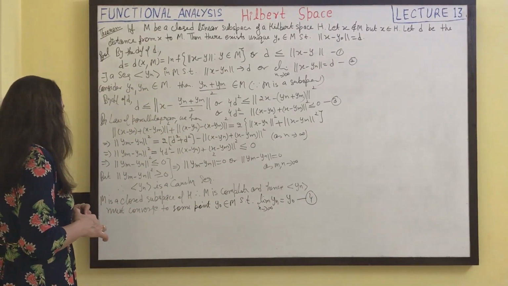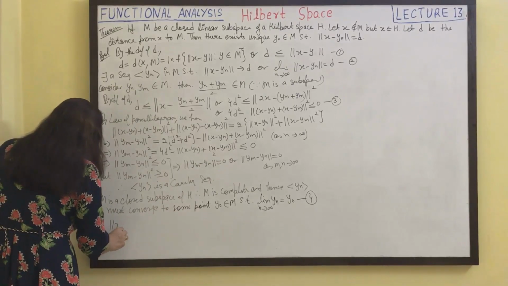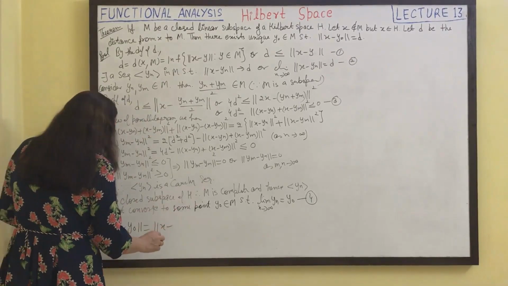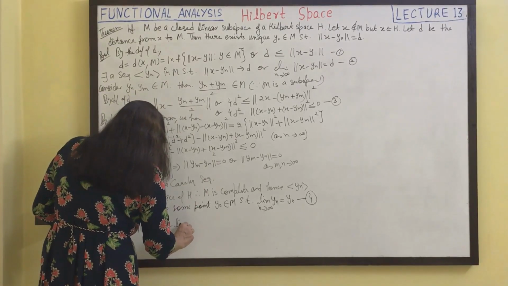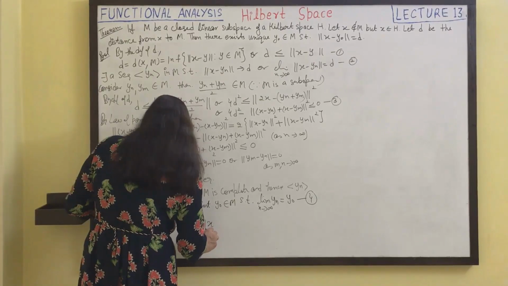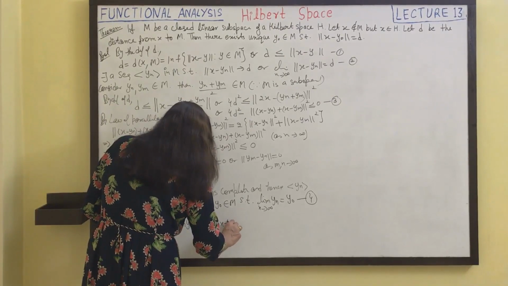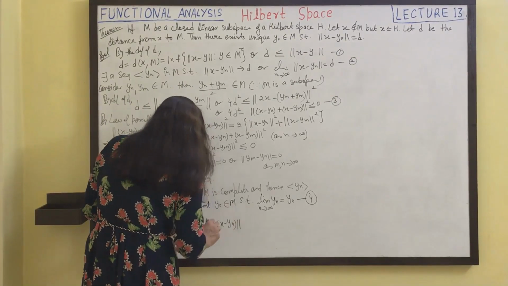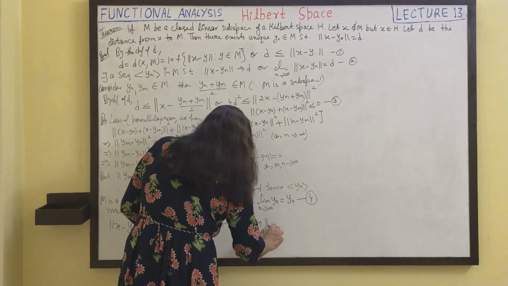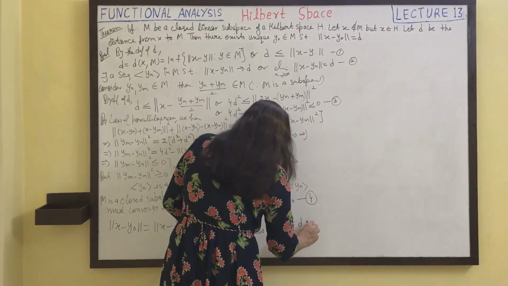Okay, so now from x minus y0, we have x minus limit of yn, or this can be written as norm of limit of (x minus yn), or again it is limit of n tends to infinity of norm of x minus yn, and from the second it is equal to d.